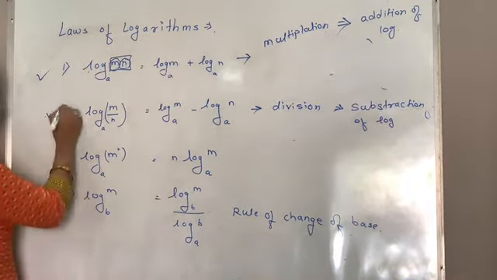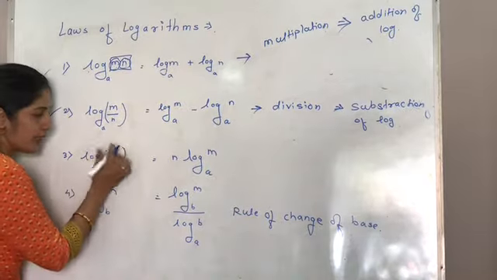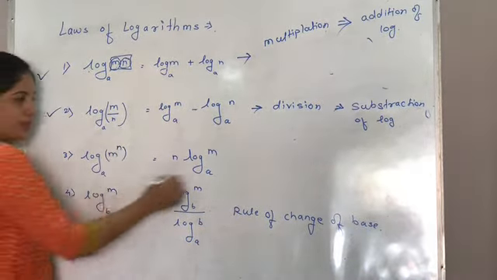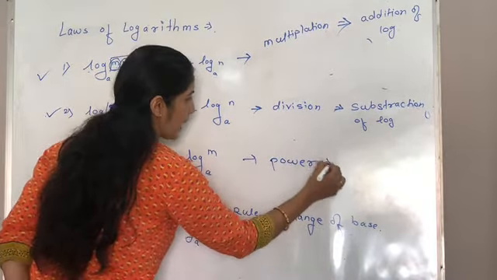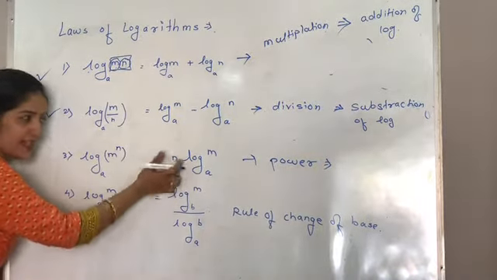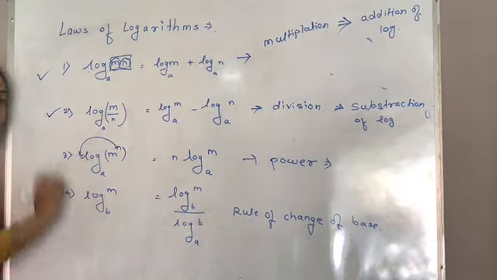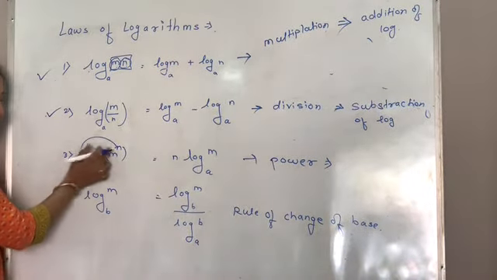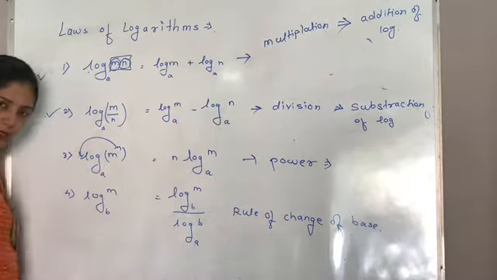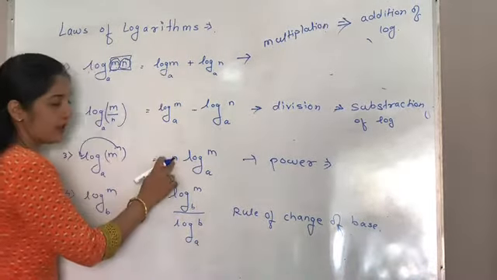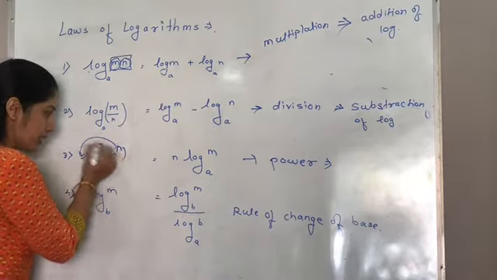Fine. Now the next, log of m raised to n, that means the power term. So when a power comes, what do we do? You just simplify, take the power on the other side of the log. That is the rule. Take that power to the other side of the log and just find the log of that term. So what I did here, I just took that power to the other side.